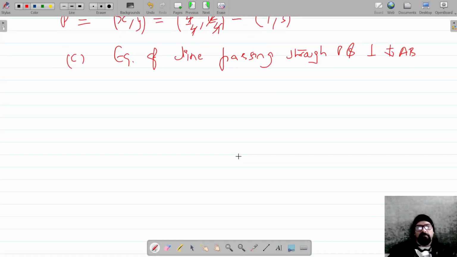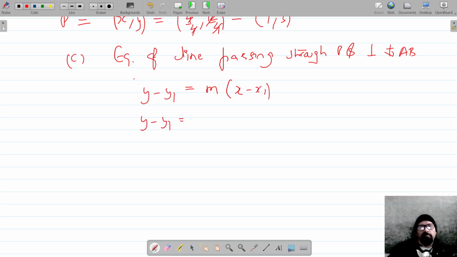Now the equation of a line passing through a point is given by the formula y minus y1 is equal to m into x minus x1, where m is the slope of the line. And how do you get the slope of the line?